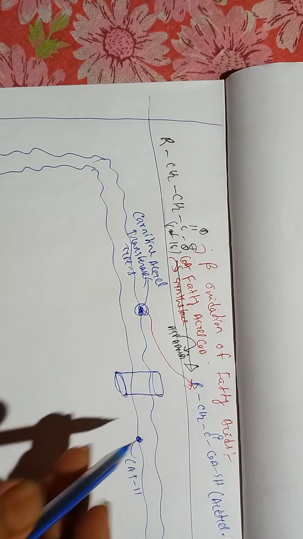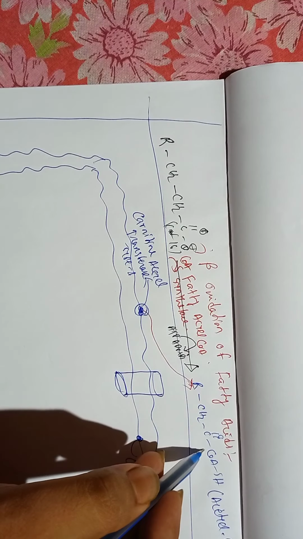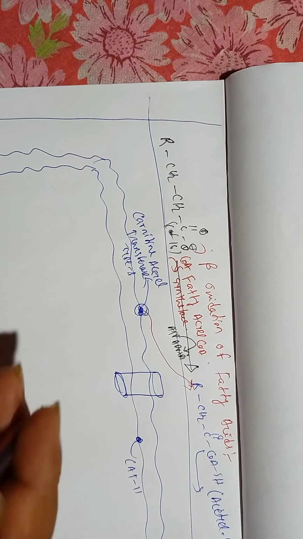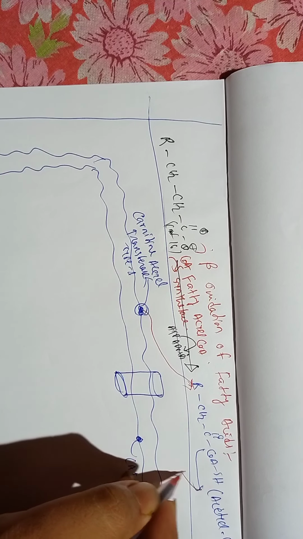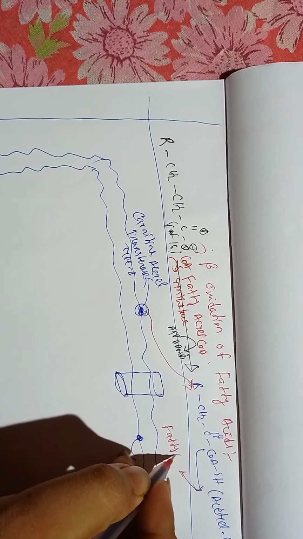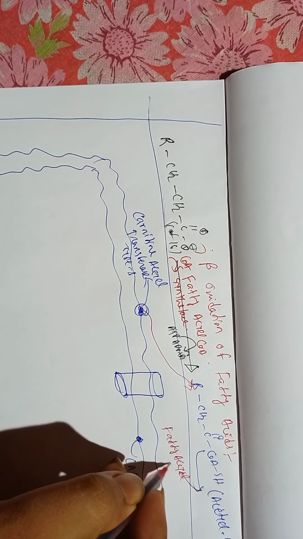Whenever the carnitine acts on it, it will get converted into fatty acyl carnitine. You can remember that, you can write the name here: fatty acyl carnitine.